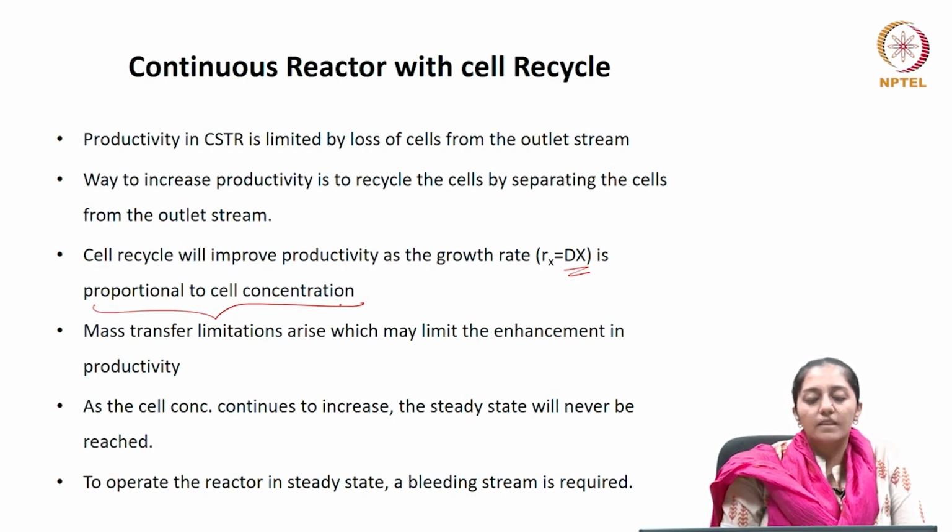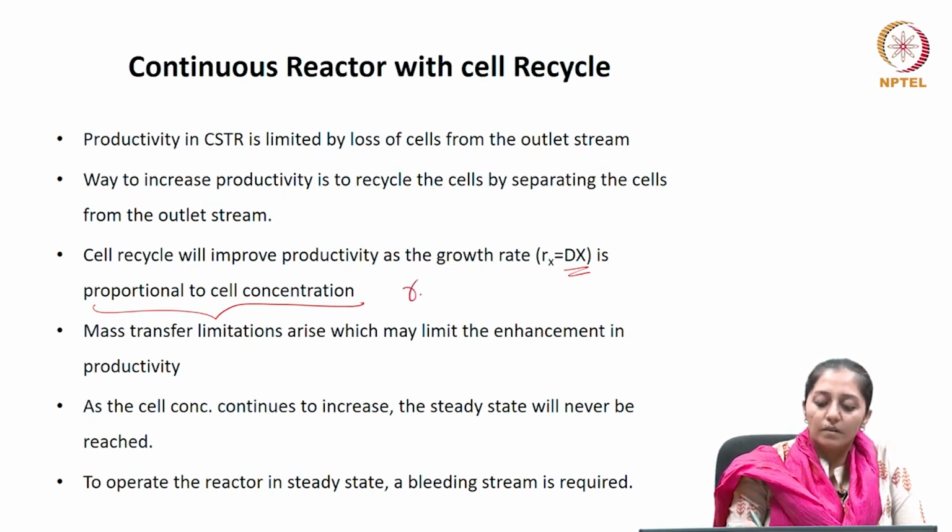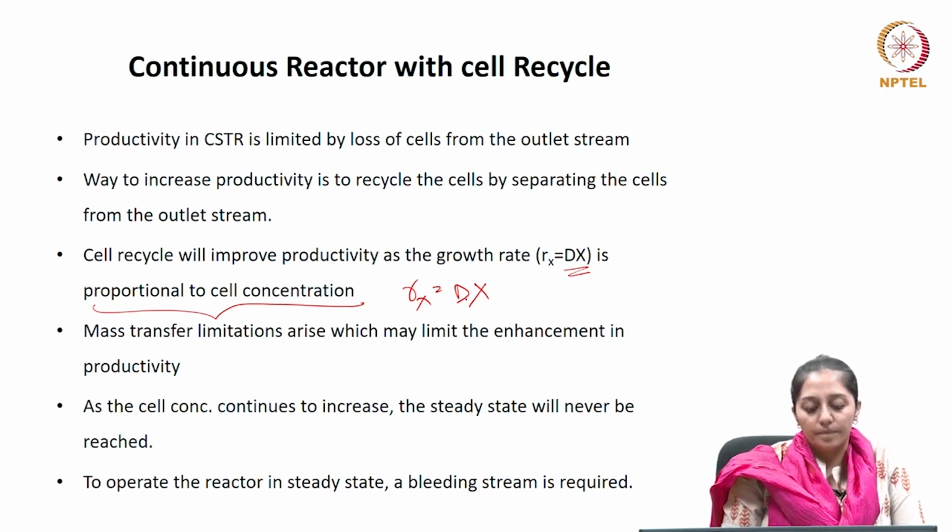As the growth rate is proportional to the cell concentration. Rx is equal to D times x in a steady state CSTR. Now, mass transfer limitations can arise which may eventually limit the enhancement in productivity. As the cell concentration continues to increase, the steady state will never be able to be reached.